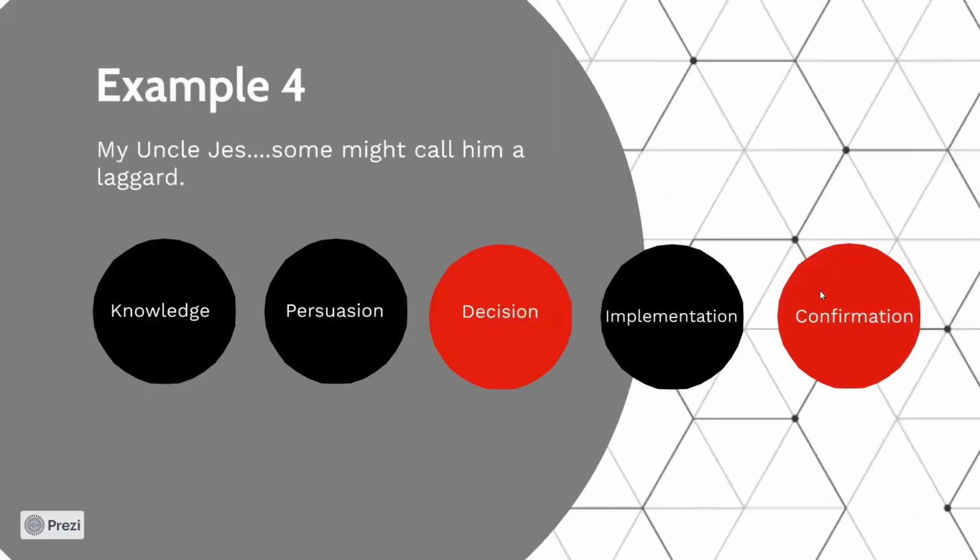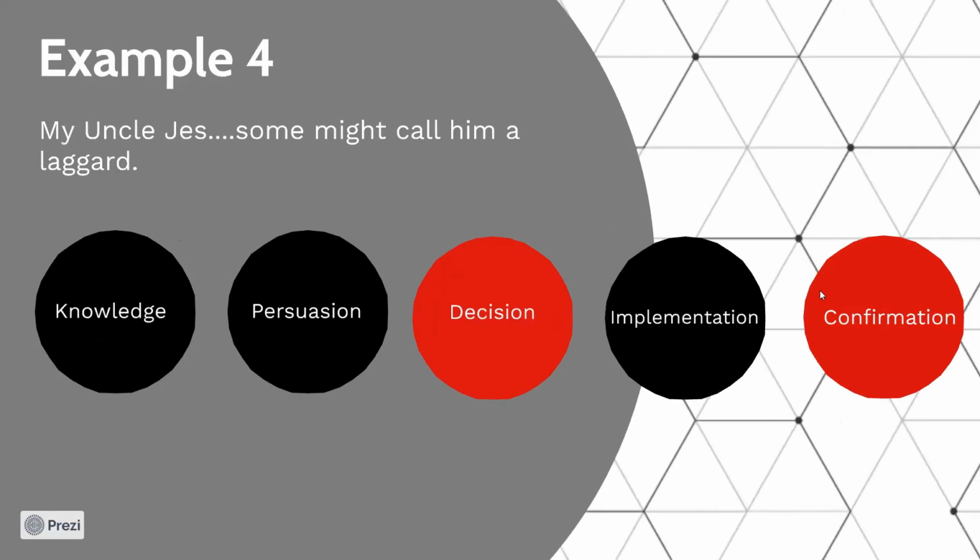Example 4 is my Uncle Jess. His prior conditions include knowledge of the innovation in that his younger daughter, Kristen, uses the innovation herself. However, his social system norms influence a little bit different decision-making because as a retired person, grocery shopping is a social community activity for Jess.